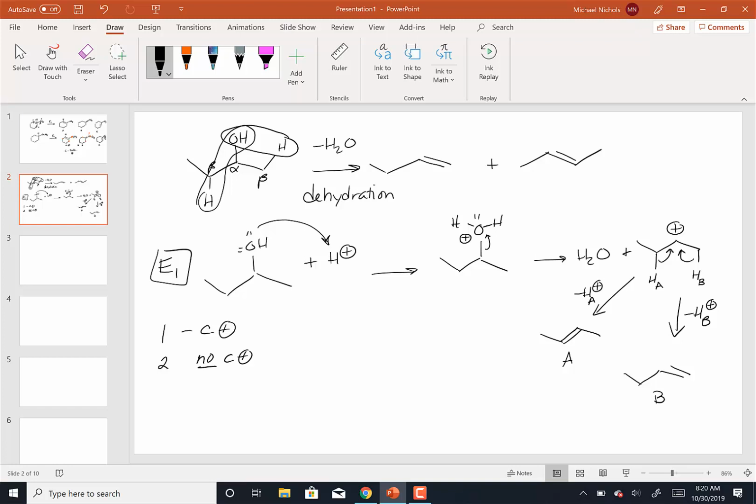So that helps us broaden our definition of 1 and 2 out a little bit more. So this would be classified as an E1 mechanism. Since it's an E1 mechanism, it always gives you, as the major product, the most stable alkene. And so that's why A is the major product.